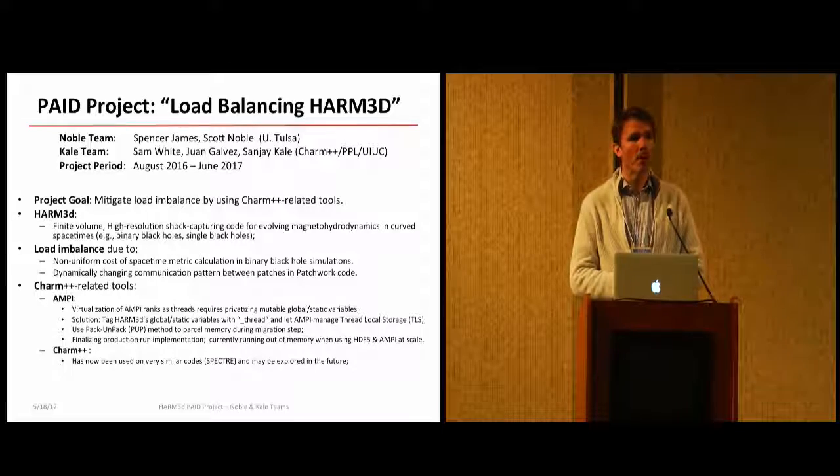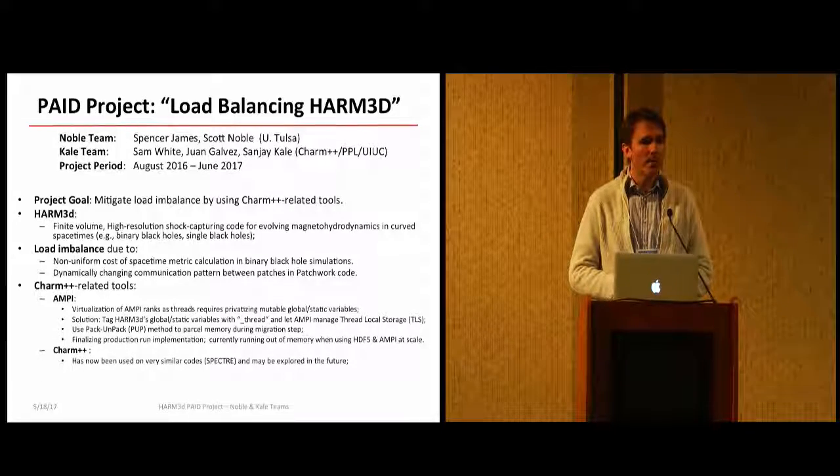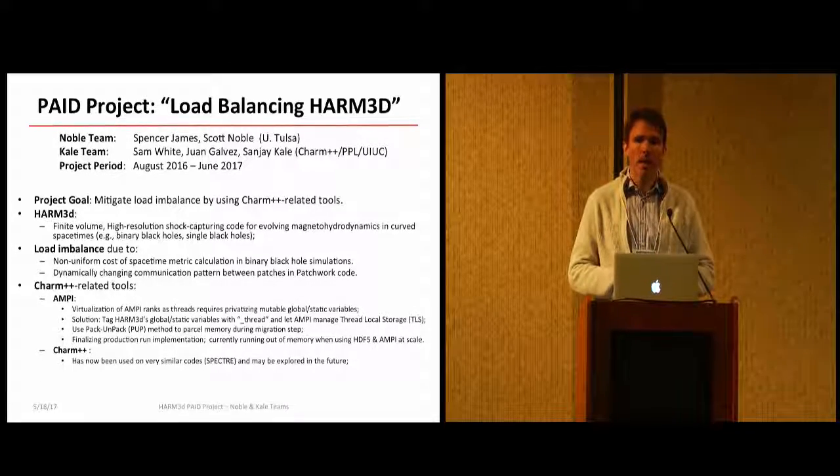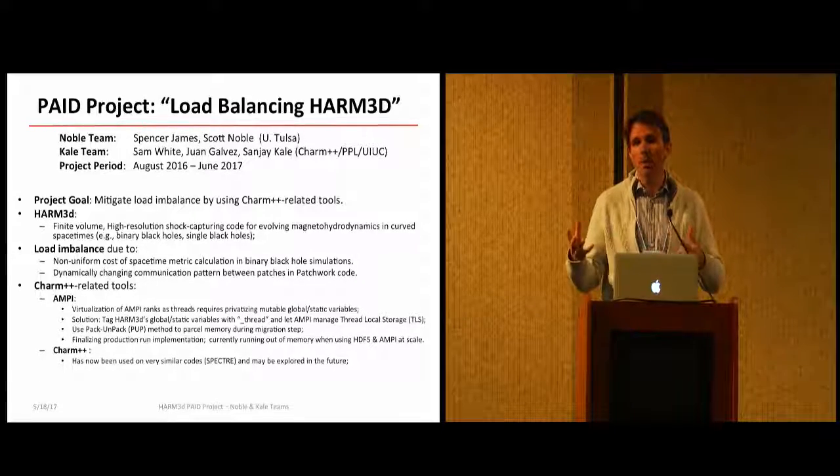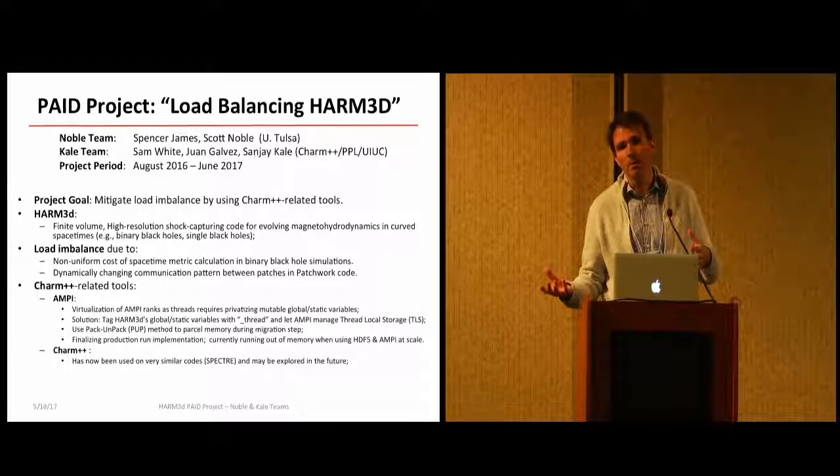This is a rather costly endeavor, and that function call is not uniform across our volume. It's more expensive near the black holes than it is far away from the black holes.